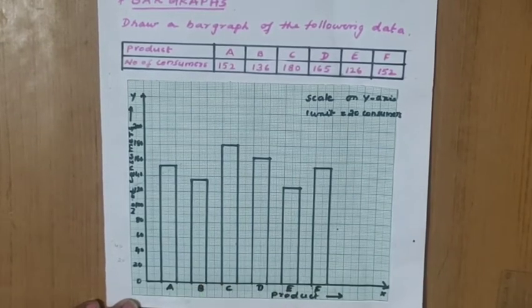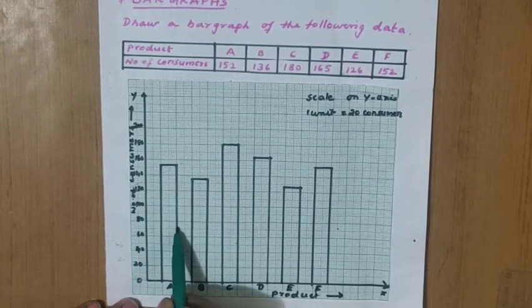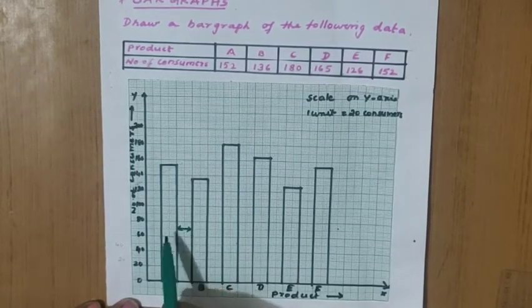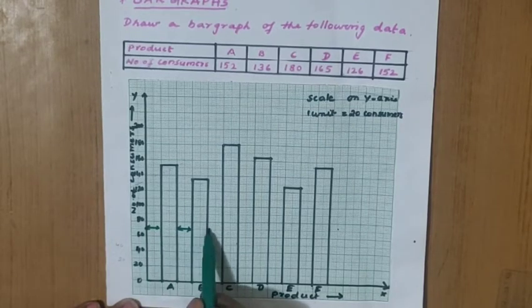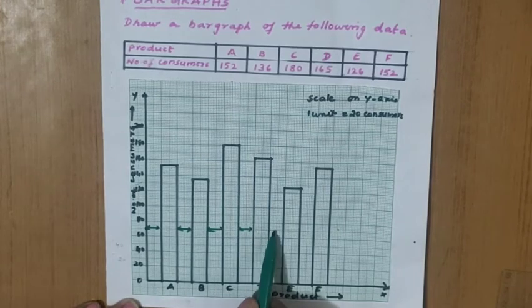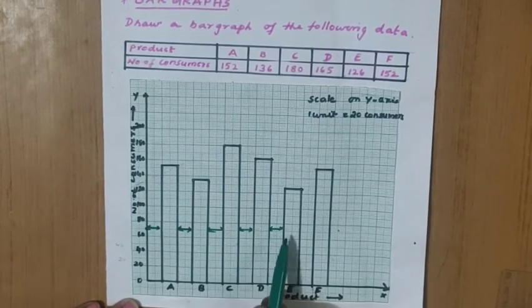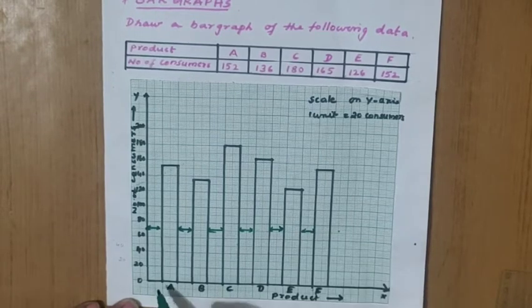So in a bar graph, what is the important thing? It is the equal spacing you are giving in between the bars; that is what we have to see everywhere. Between the bars we can see the gaps are equal only. And here the children will make an error.